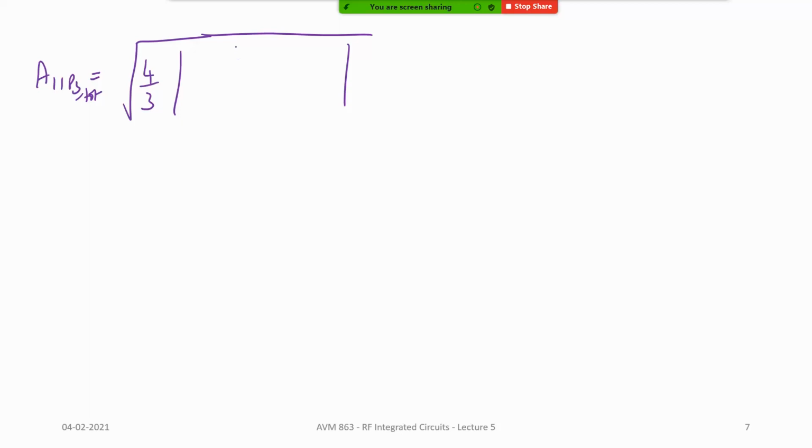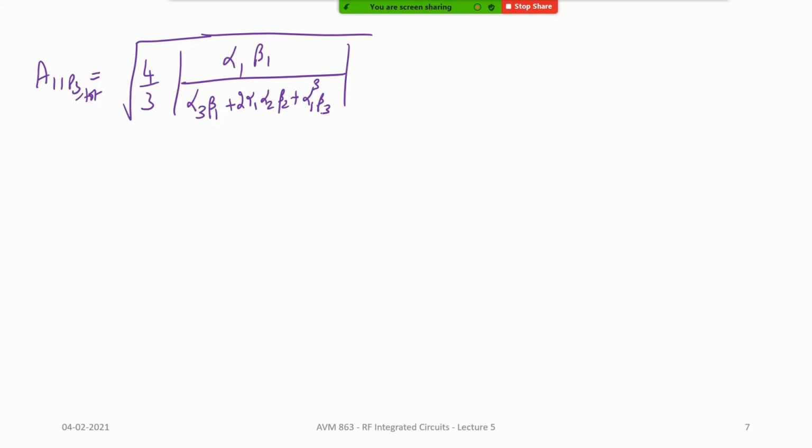The linear coefficients are alpha 1 beta 1, and the non-linear coefficients are what? Basically you have 3 alpha 3 beta 1. Okay, the 3 has been taken out. Alpha 3 beta 1 plus 2 alpha 1 alpha 2 beta 2 plus alpha 1 cube beta 3. Okay, so this is the AIIP3 total.